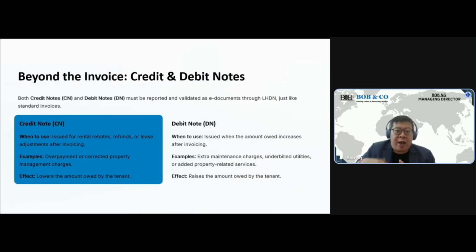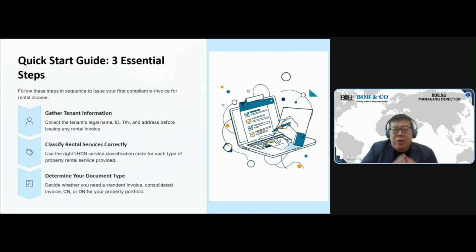Or we want to issue additional charges on top of whatever we've already billed, without amending the invoice. So a credit note is to reduce, a debit note is to add on to what has been issued to the tenants.